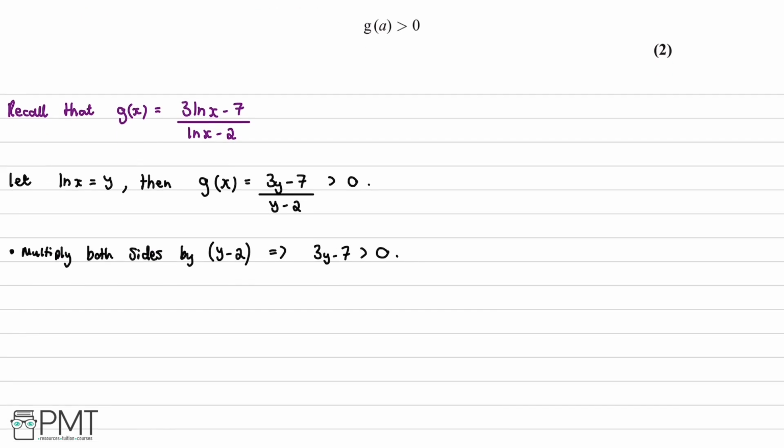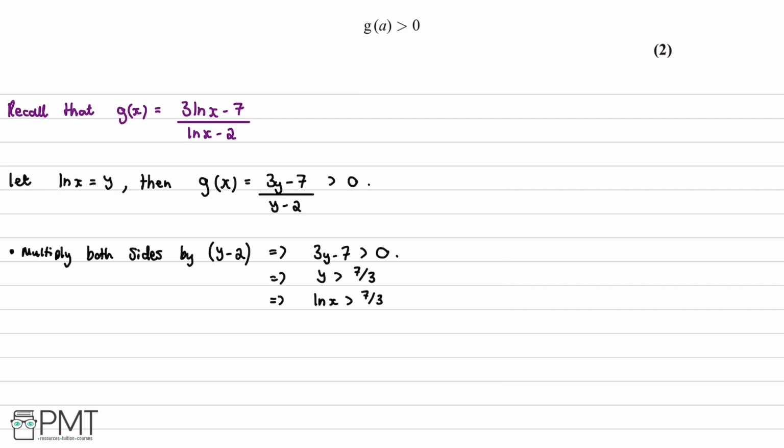So we can now rearrange this and solve for y. We'll add 7 to both sides, which leaves us with 3y is greater than 7. And then we can divide by 3 to give us the fact that y is going to be greater than 7 over 3. So therefore we replace y with ln of x. So we can say that ln of x is greater than 7 over 3.